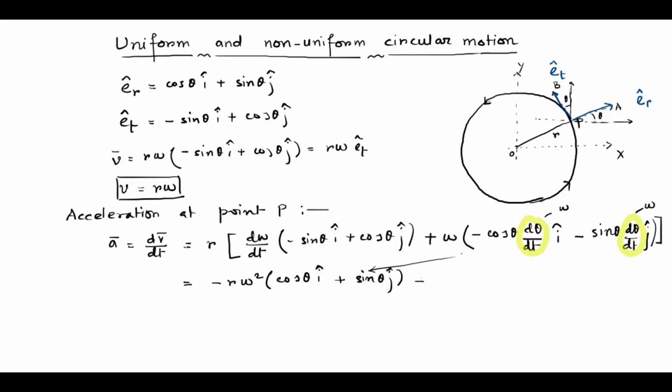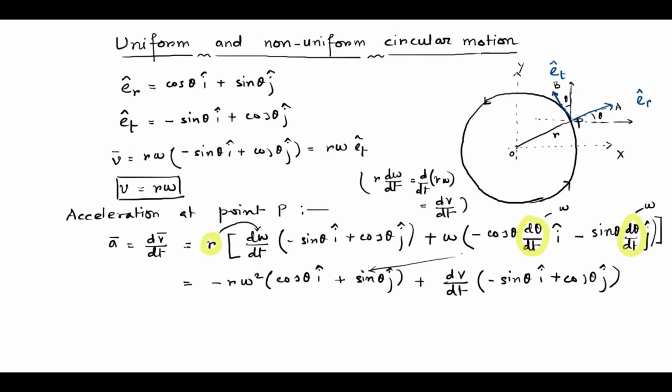Okay, and here if r goes inside, that means r d omega by dt equals d by dt of r omega, and r omega is v, so it is dv by dt. So r d omega by dt is dv by dt into (minus sin theta i hat plus cos theta j hat).